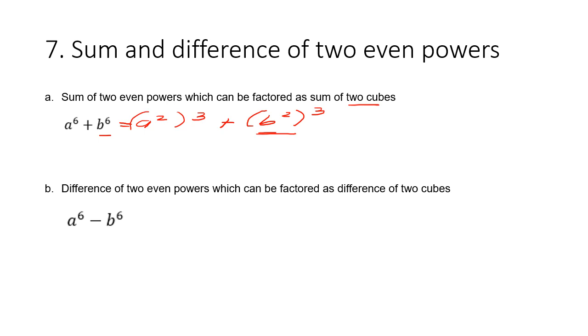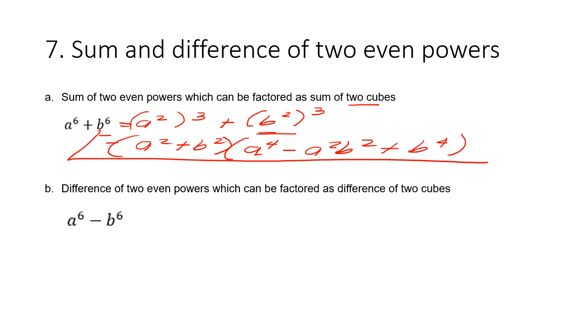So with that, we will have a squared plus b squared, then times the quantity of the square of the first term, so a to the fourth, then multiply, minus, since it is plus, so minus a squared b squared, then the square of the last term. So we will have b to the fourth. So this is now our final answer.